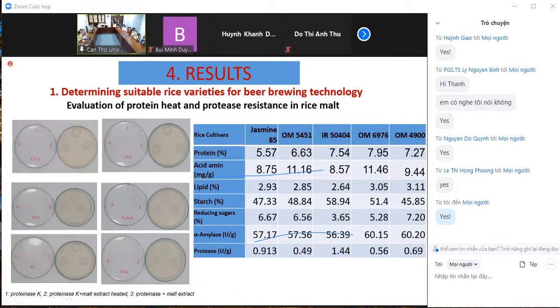And some results. The first one is determining suitable varieties for brewing technology. We tested heat resistance and protein resistance in extracts of dry malt, where the control sample is barley malt.